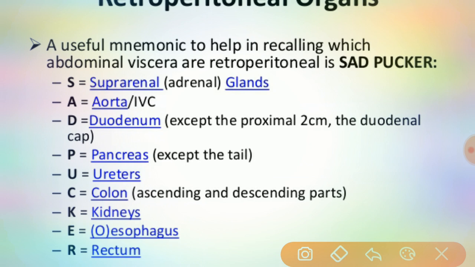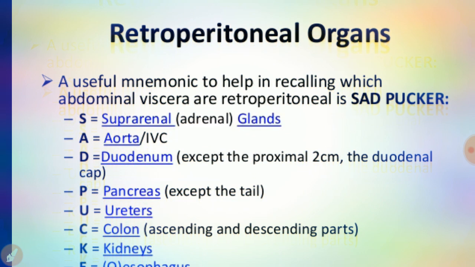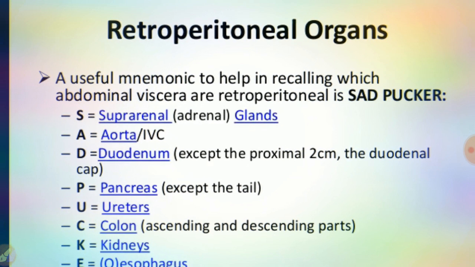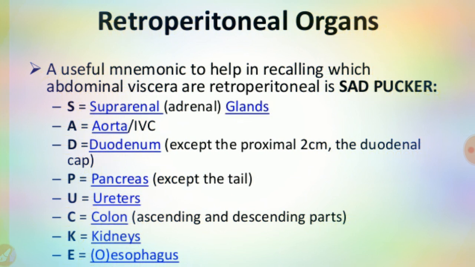K means kidneys, which are also retroperitoneal organs. E means esophagus, and the last and final letter R is rectum. This is the abbreviation of SAD PUCKER, and these organs come under the retroperitoneal organs. So different types of organs come under the peritoneum.